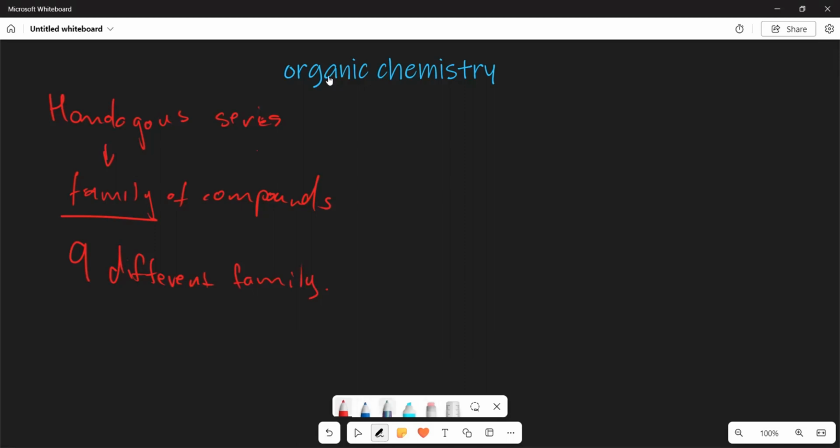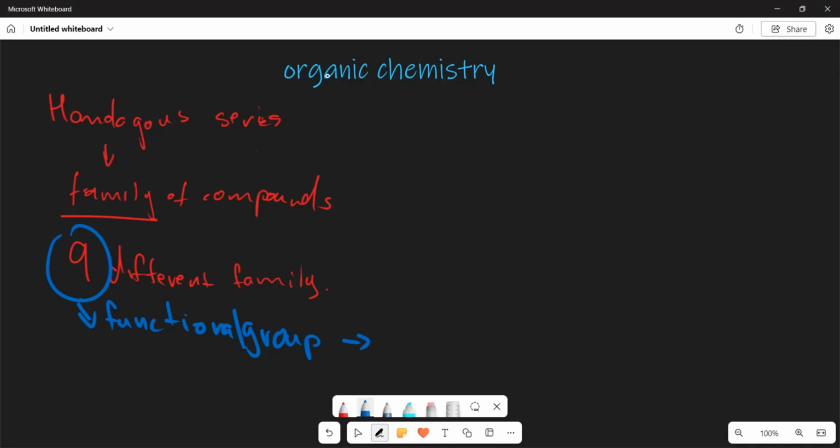Now we are going to introduce the functional groups. These families are separated through functional groups. What are functional groups? Functional groups can be understood as types of bonds or atoms, or a group of atoms in a molecule that determines the physical or chemical properties of the group of compounds.